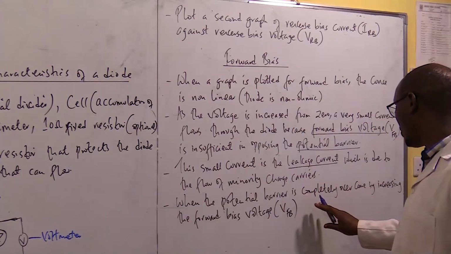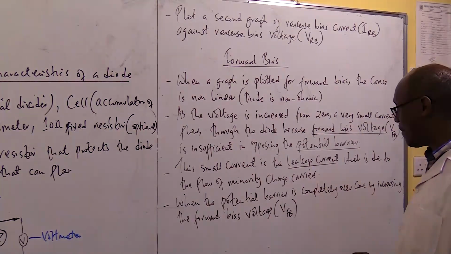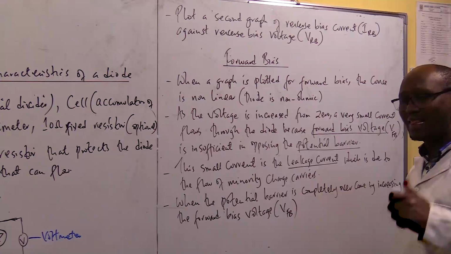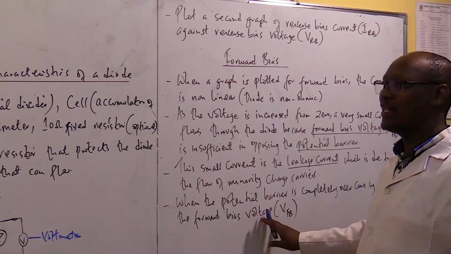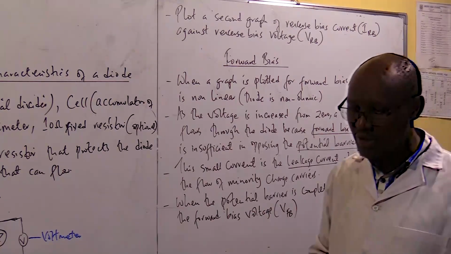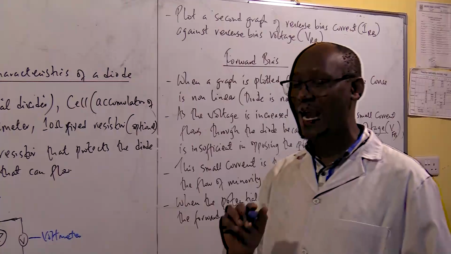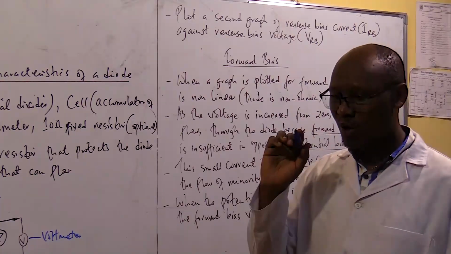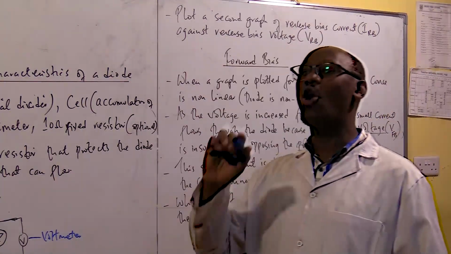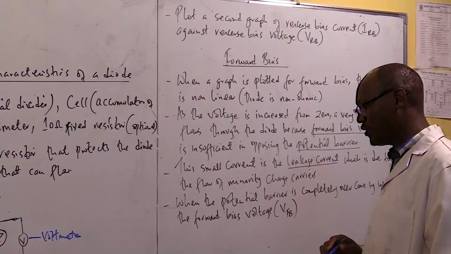At that particular point, the forward bias voltage is what we call the cut-in voltage, or the threshold voltage, or the breakdown voltage.